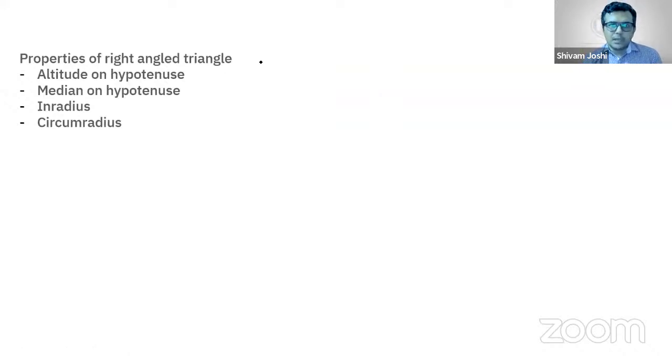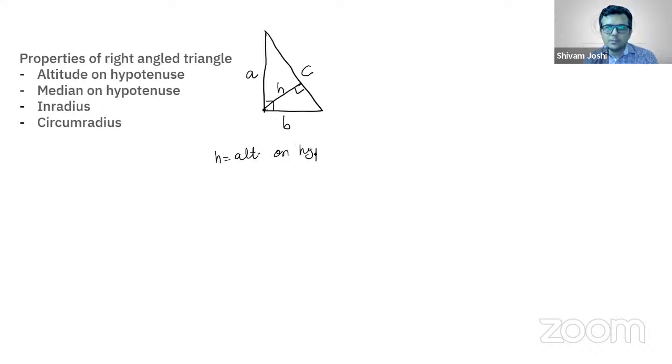Properties of a right angled triangle. If this side is taken as A, this is B, this is C, and this is H. What is H here? Altitude on hypotenuse.